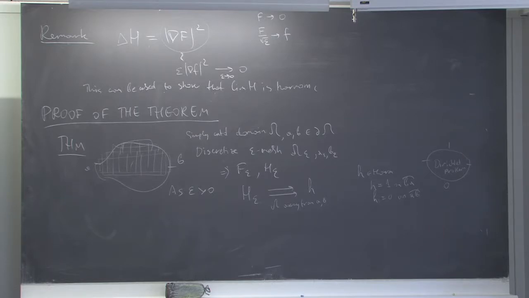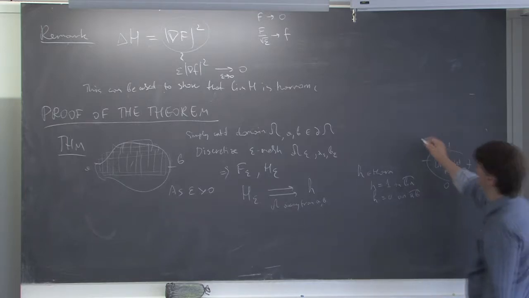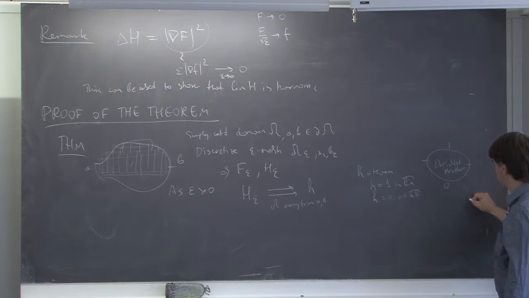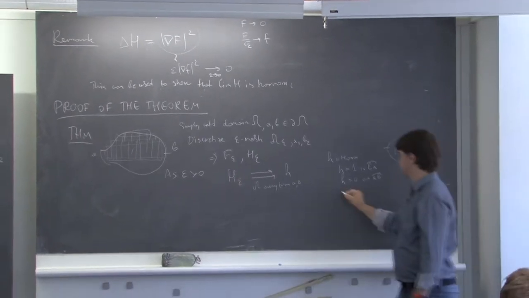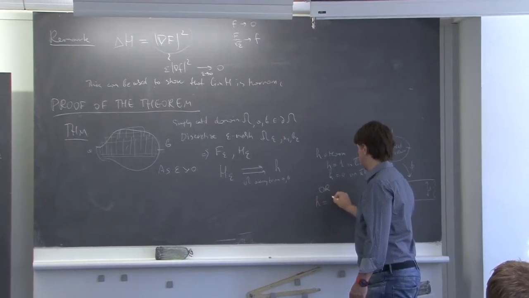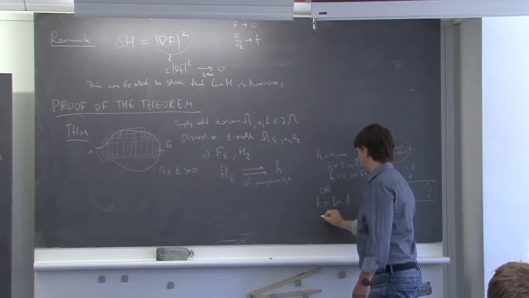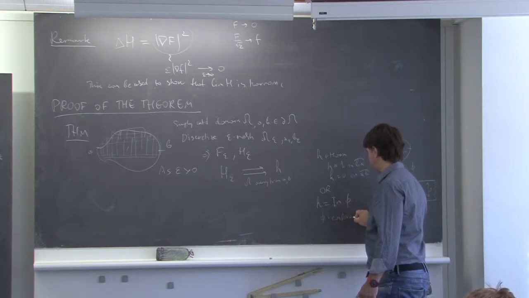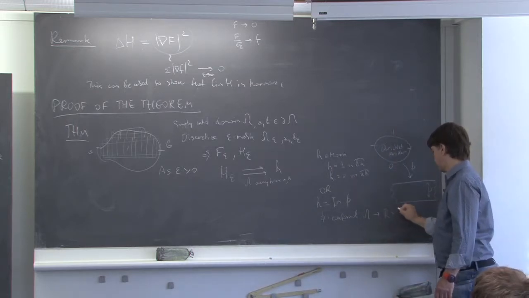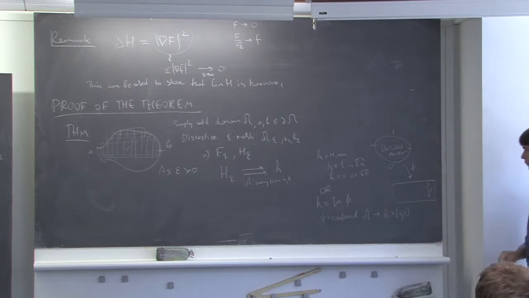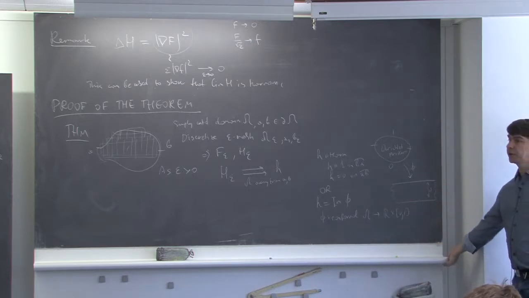And then f tends to the gradient of h, but maybe the best thing is, so that we can properly differentiate, we define: this Dirichlet problem is just the imaginary part of a map phi to a strip of width 1. Or equivalently, h is equal to the imaginary part of phi, where phi is the conformal map from omega to a strip of width 1, R times (0,1), because the imaginary part is harmonic and is 0 and 1 on the boundary.